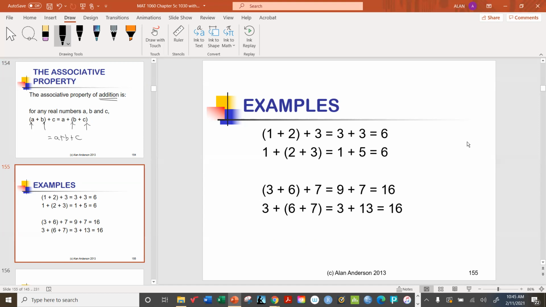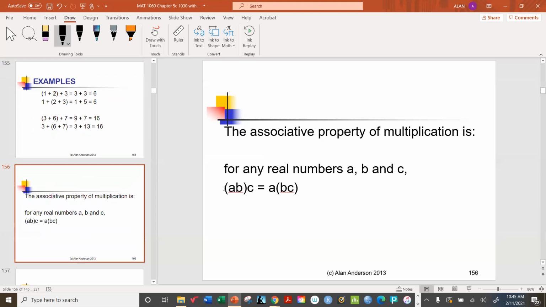Very good. Now, does this also apply to multiplication? Well, I think you know the answer to that. The answer is, of course it does. If I apply parentheses to only multiplication, the placement of the parentheses does not affect the results.